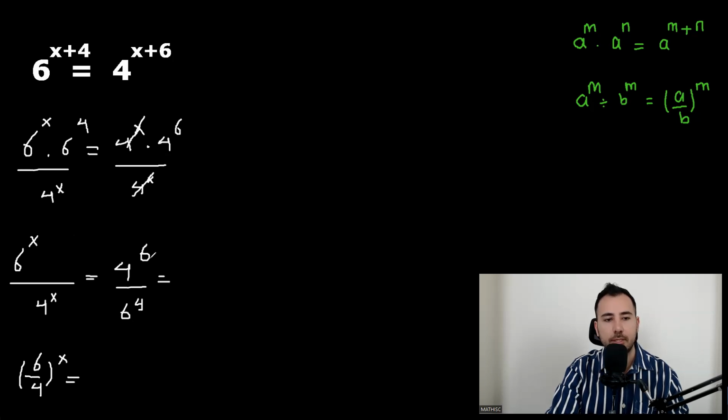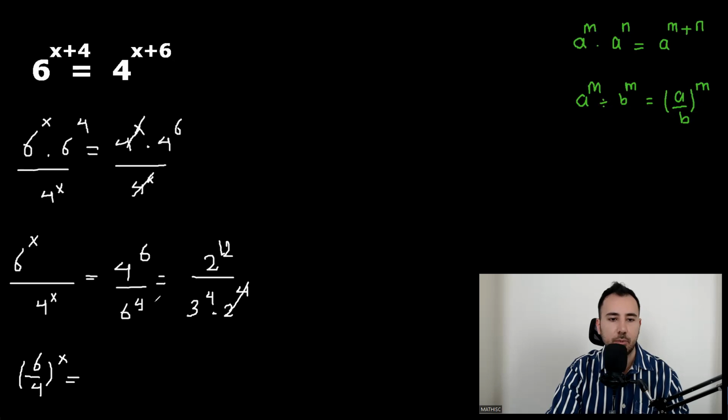I could write this one as 2 to power of 6 multiplied by 2 to power of 6, which will be 2 to power of 12, right? And this side, I will write it as 3 to power of 4 multiplied by 2 to power of 4, okay?